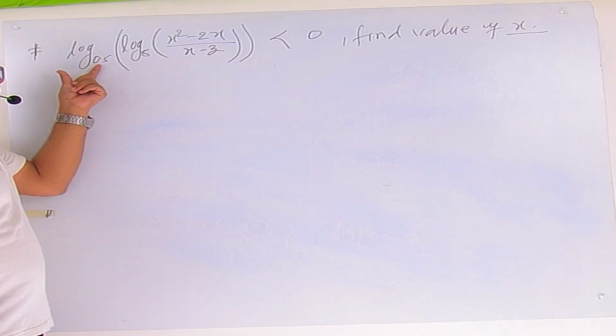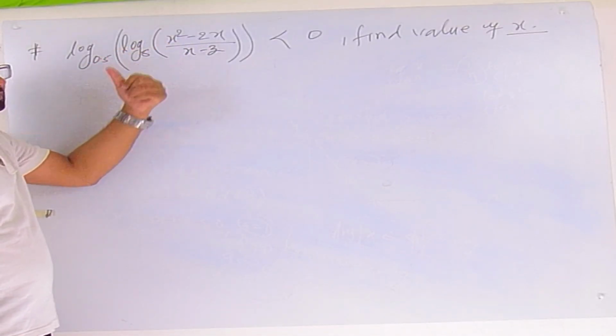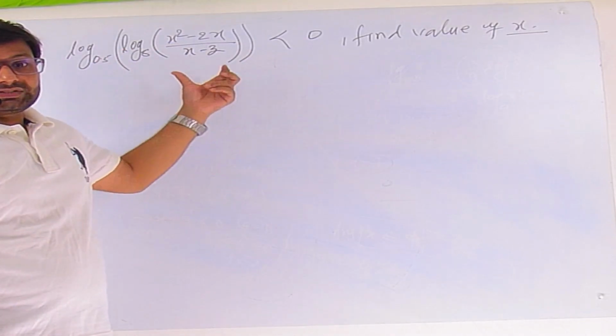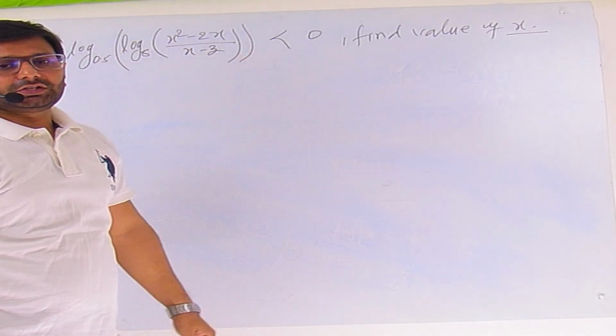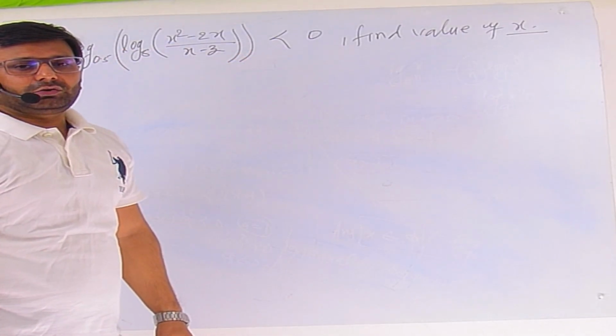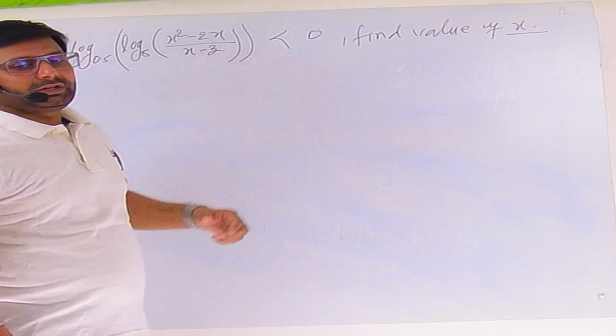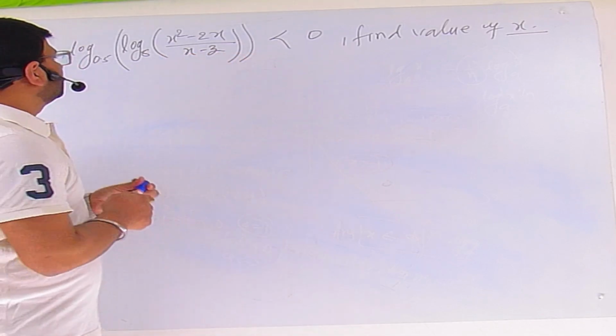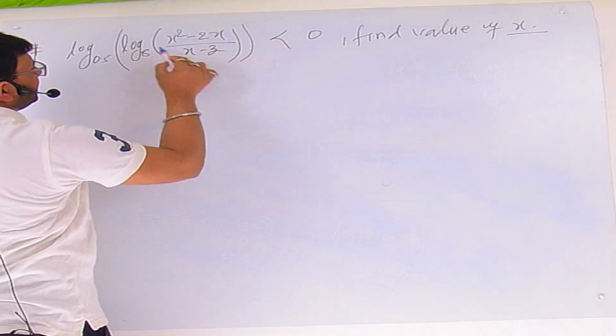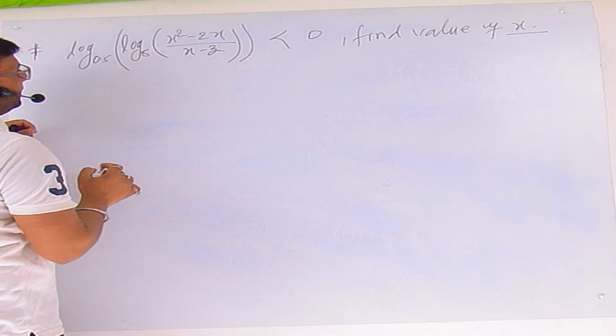So the log base is 0.5, and a log is given inside. First I have to define this expression. Before solving, you must first define the log function. If log of something is written, this something must be greater than 0.